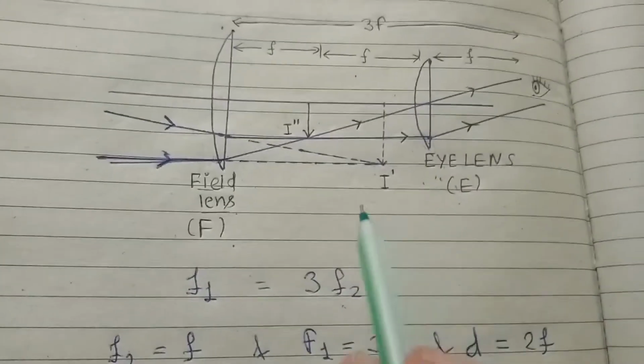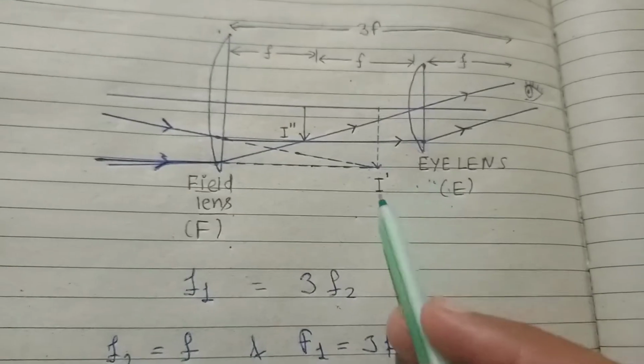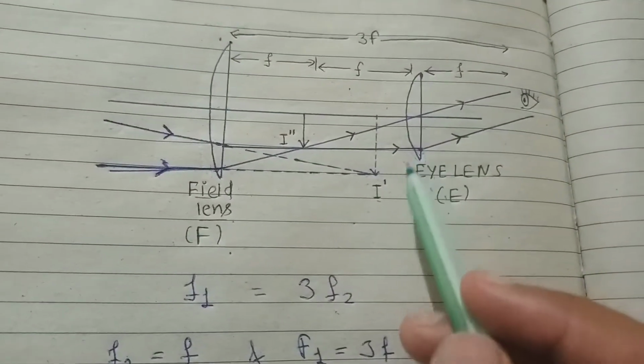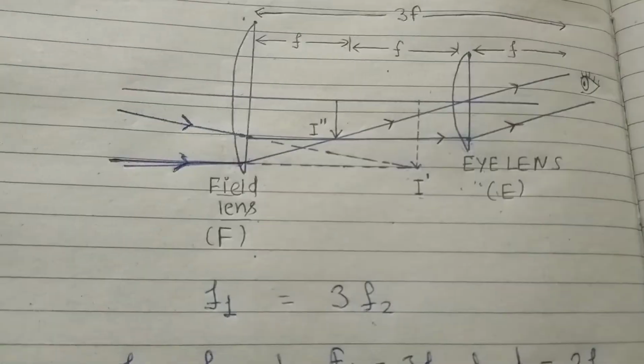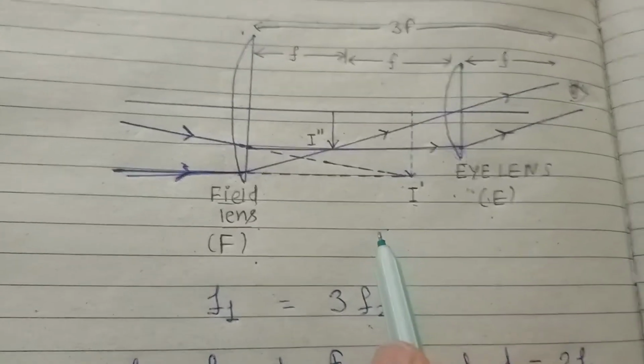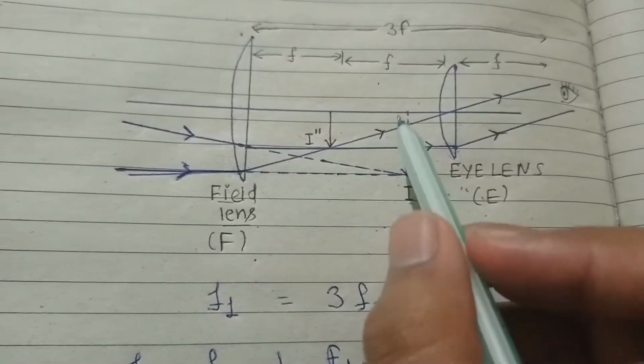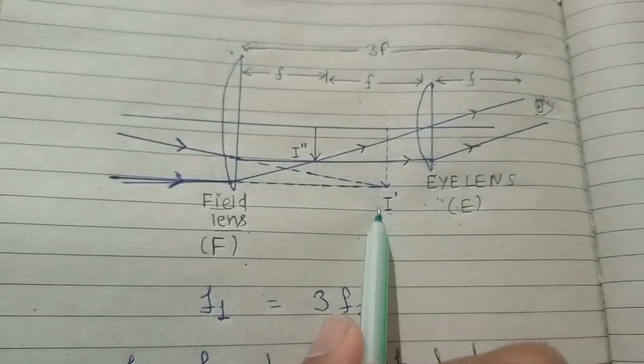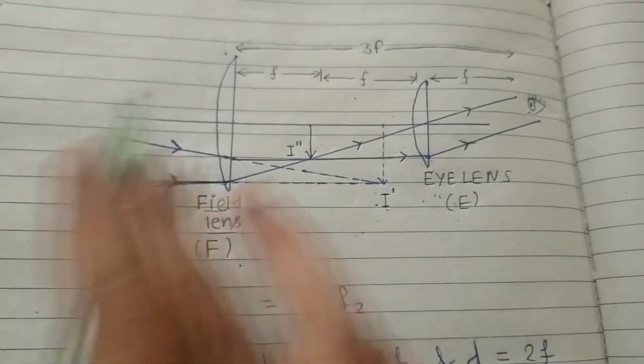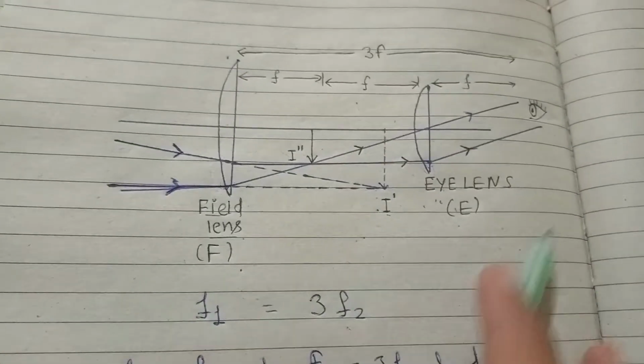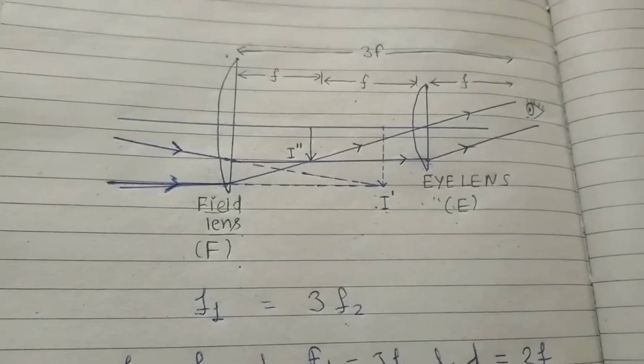So you can say that I dash is the virtual object for the eye lens, or the eyepiece lens. This image formed at I dash is the virtual object for this combination.